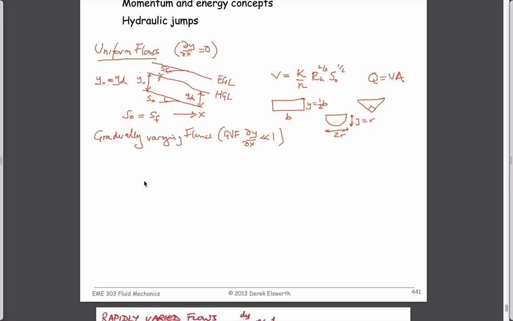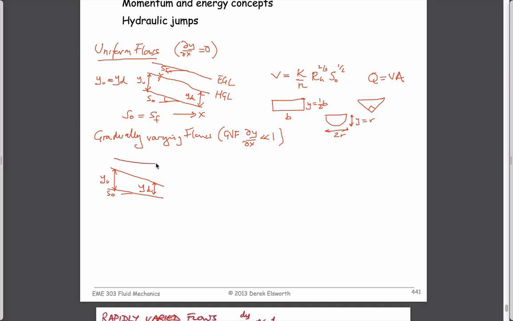If that's not the case, as is in the case for these gradually varying flows, you have a slope of the bed, which is still S0. You have a slope of the water surface relative to that bed, where the upstream and the downstream depths are different from each other by definition. That's not horizontal.